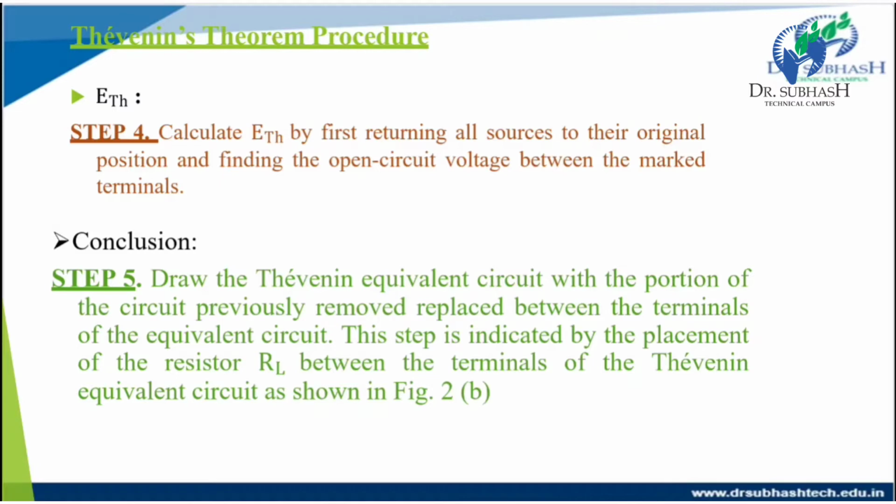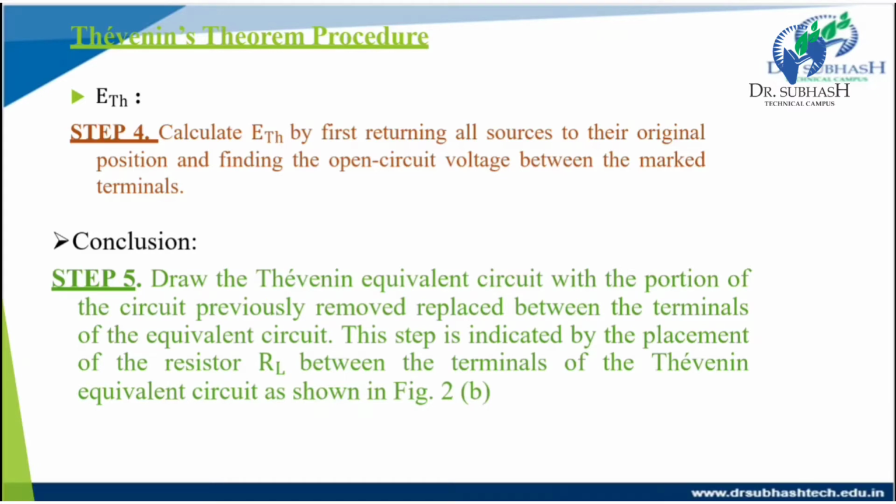So in conclusion, after completing the fourth step, draw the Thevenin equivalent circuit with the portion of the circuit previously removed. We already removed RL, so RL we will put back with ETH and RTH.